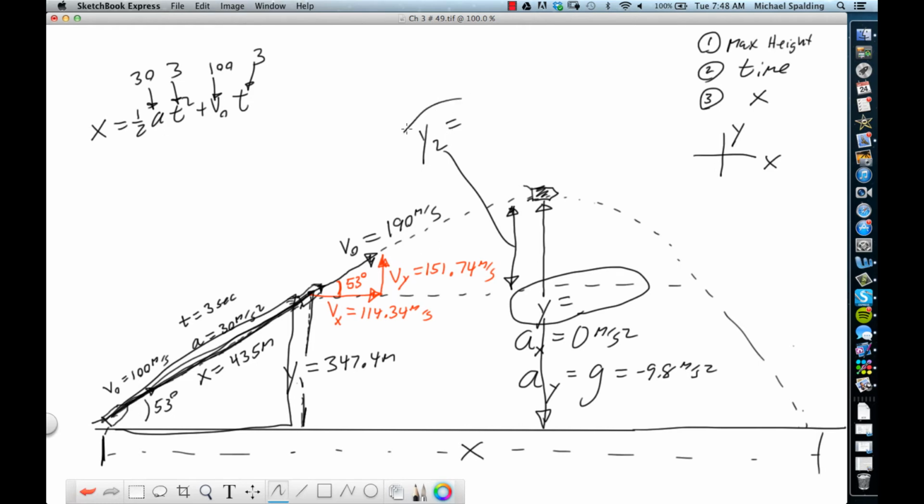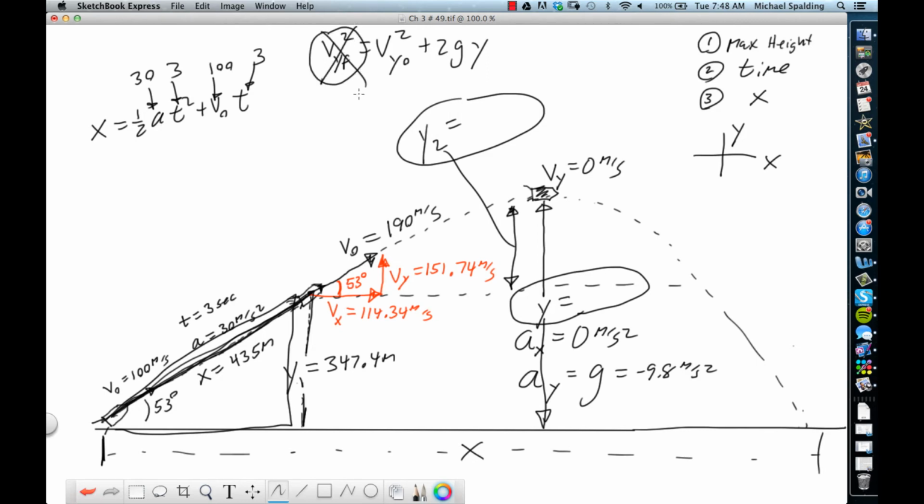So to find this y2 right here, you're going to go vy final squared equals vy initial squared plus 2gy. Now, at the very, very top right here, what do we know? Vy is what? 0. There's no y velocity at the maximum height. So that means we can take this vy final and cross it to 0, right? And then now take the rest of the equation, solve for y.